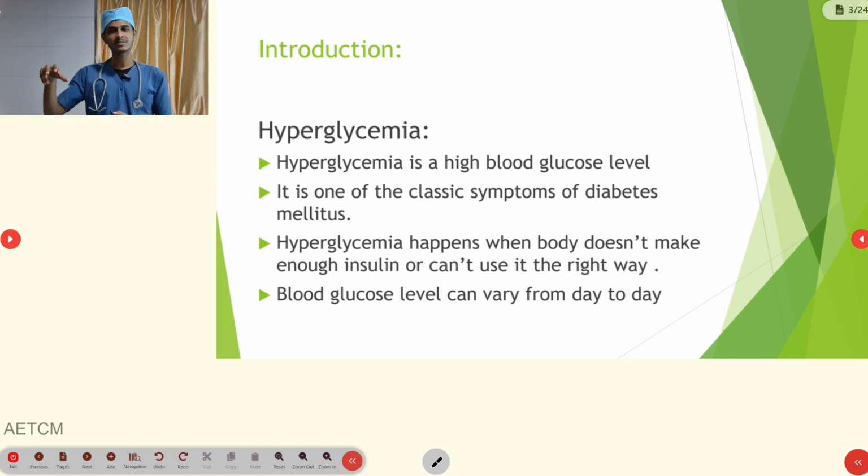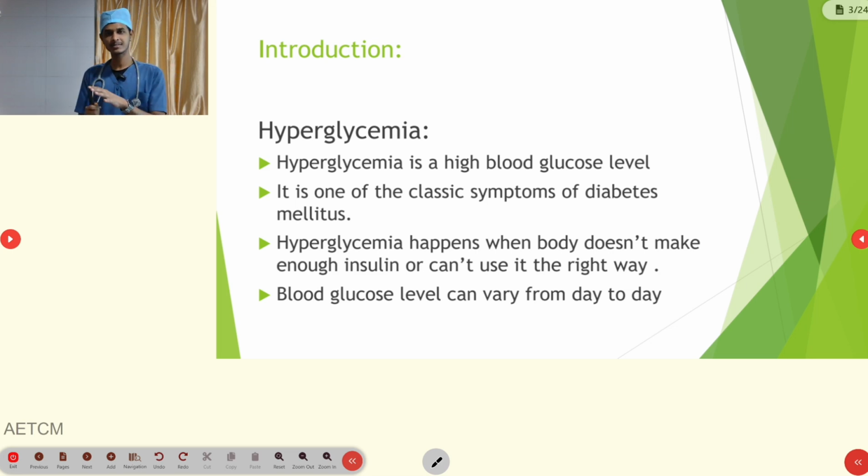But if the person has any problem related to insulin, like insulin deficiency, or a problem in insulin secretion, or a functional problem, insulin resistance, a problem in the receptor, then at that stage the glucose or sugar level will stay in a higher range.